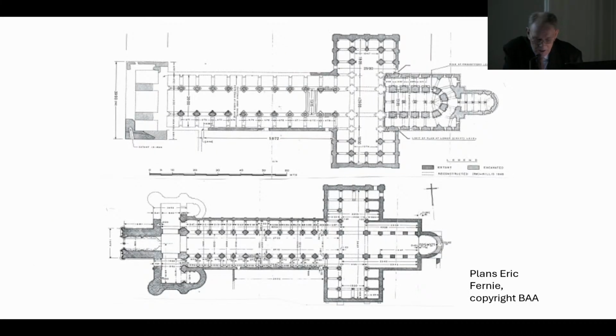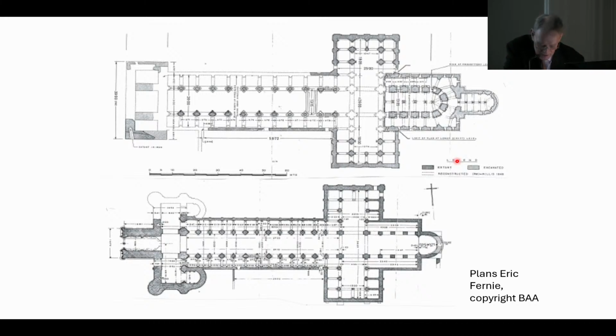Here you see Winchester at the top and Ely underneath to the same scale. And the differences are most obvious in the plans of the eastern arm. No ambulatory at Ely, no eastern chapel, and of course, no crypt. And Ely is smaller, but as you will have gathered by now, the question that I want to pursue is how much smaller?